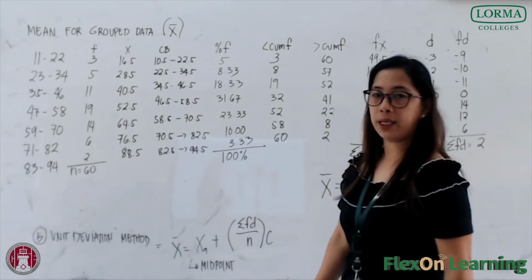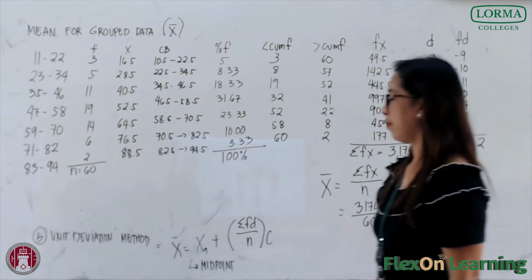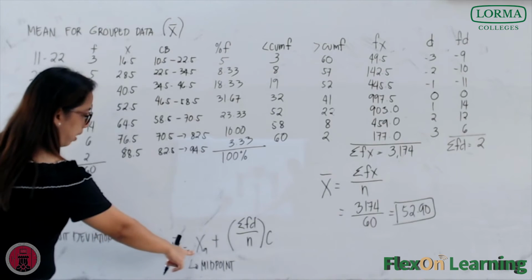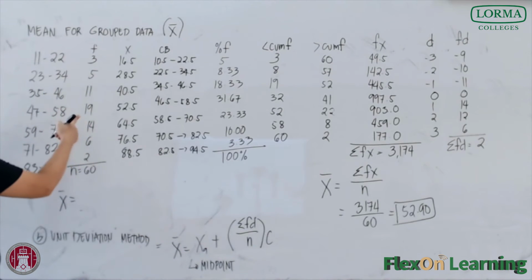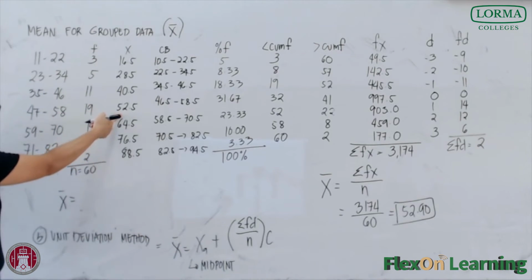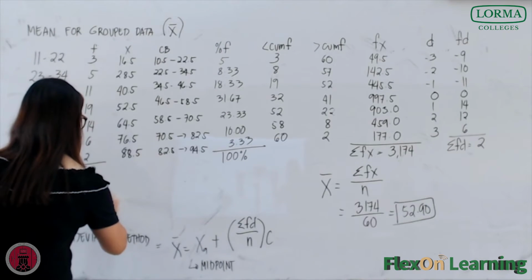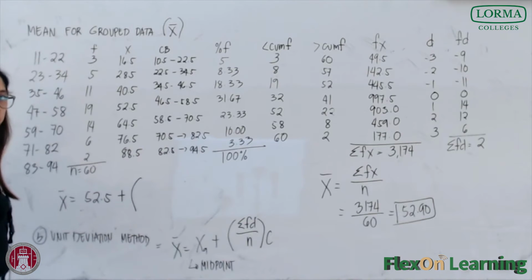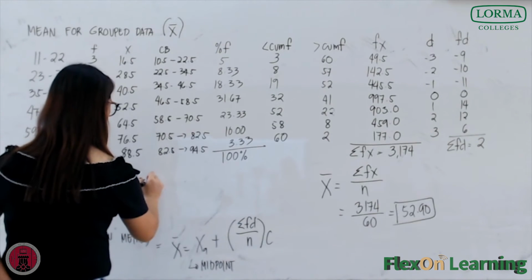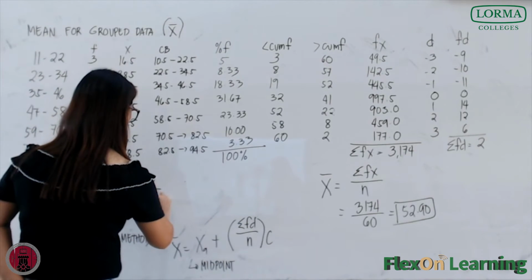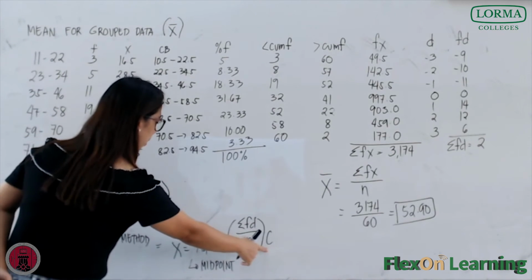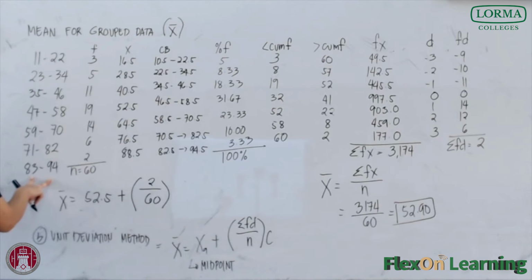So the mean using the unit deviation is the midpoint of the highest frequency, 52.5, plus the summation of frequency times the unit deviation, which is 2, divided by our sample size, multiplied by our class interval, which is equal to 12.